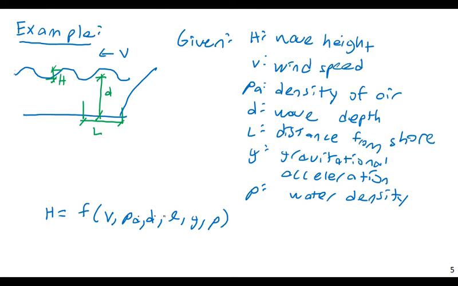So density of air, density of water. And I'm also told to use d, v, and rho as the repeating variables.